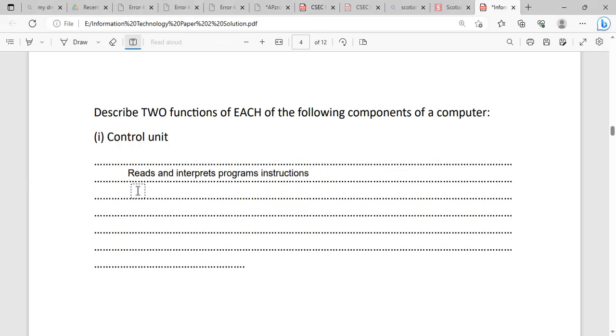Type in another, guys. Everybody go to it and type in so we can all learn from each other. It also directs the operation in the internal processor.